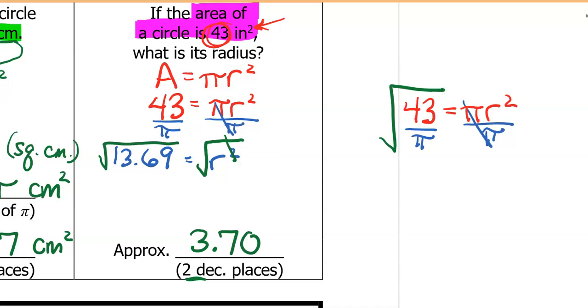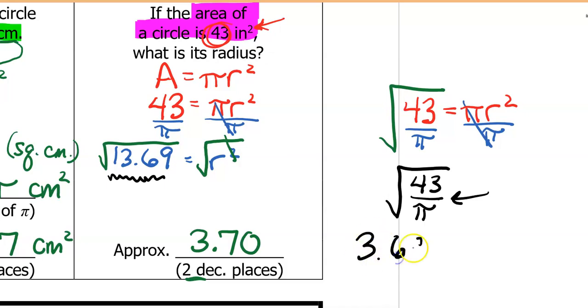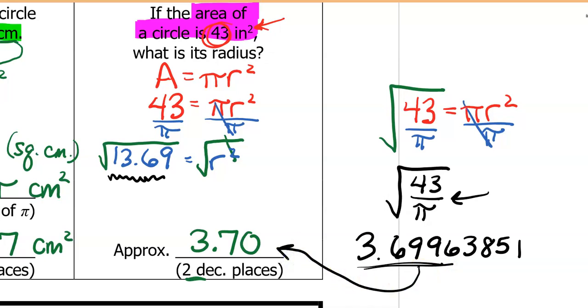On the blue and white calculators especially, if you just use your fraction button to type in that 43 over pi rather than this 13.69, you're going to get a slightly more accurate answer, 3.69963851. But in this case, and in most cases, honestly, after we round that, we're going to get the same answer. So if you want to keep everything really accurate and perfect, the fraction button will take care of it. But if you round along the way, it's not ideal, but it's fine.